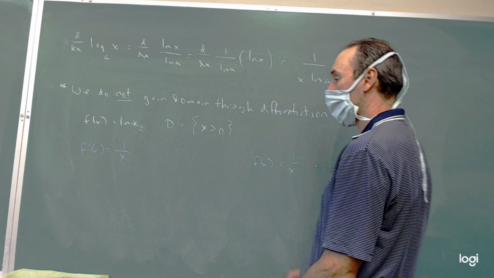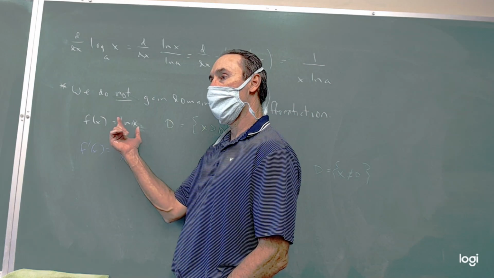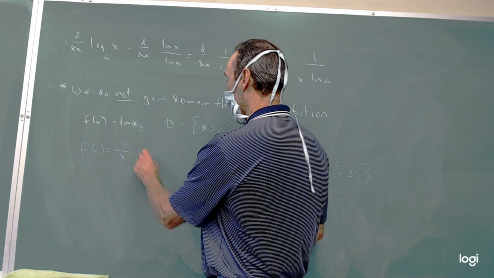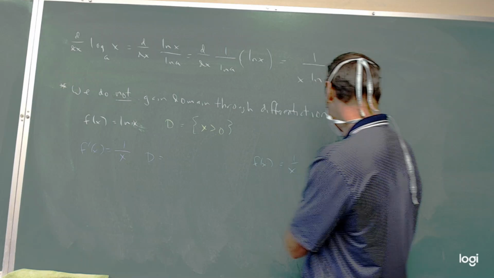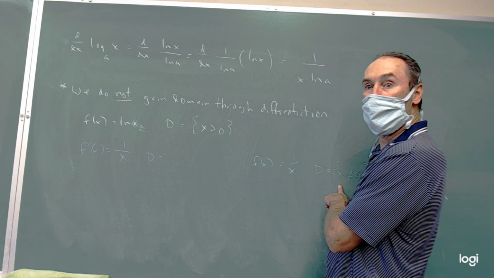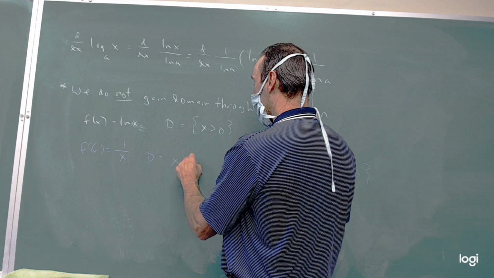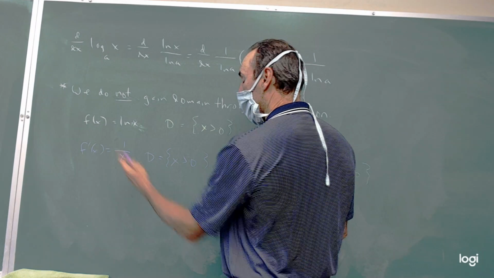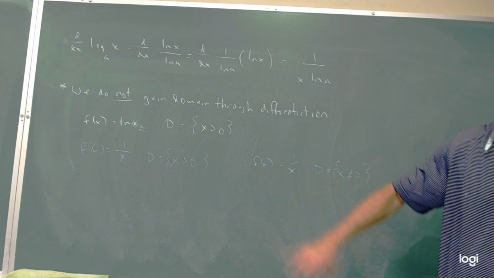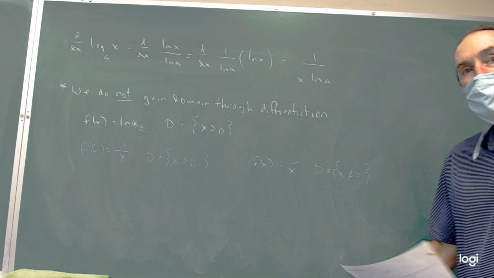But if this is coming from differentiating the natural log of x, then we can't gain all of those negative values of x. The domain is still going to be x greater than 0. So it's not defined at 0, but you don't gain the negatives somehow. We don't ever write that down, but that's true.